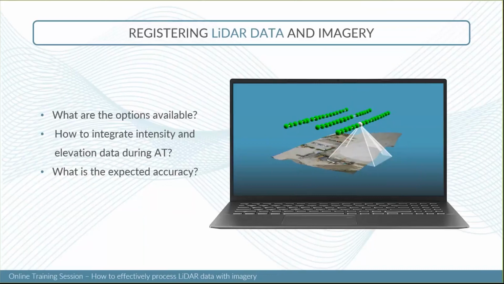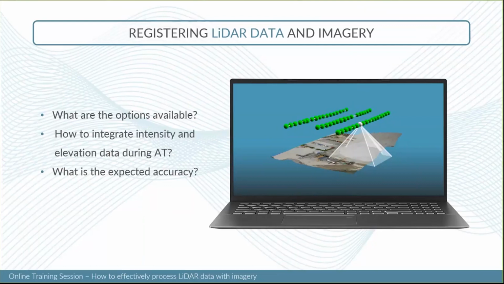As I said, the first one will be using the intensity and the surface model to co-register your imagery and your LiDAR together. The main goal here is to use the intensity for planimetric accuracy and the elevation data for vertical accuracy.